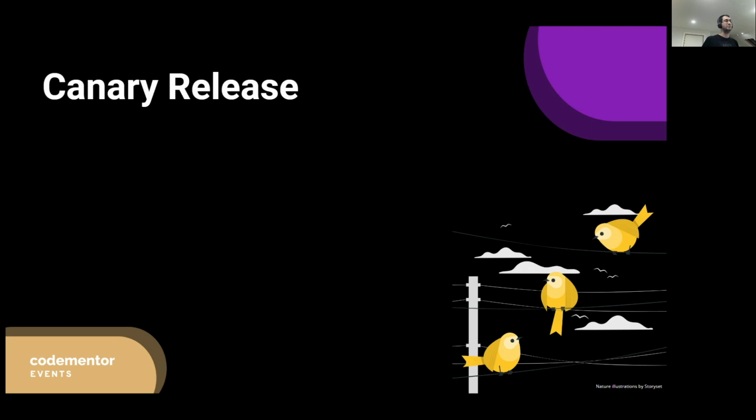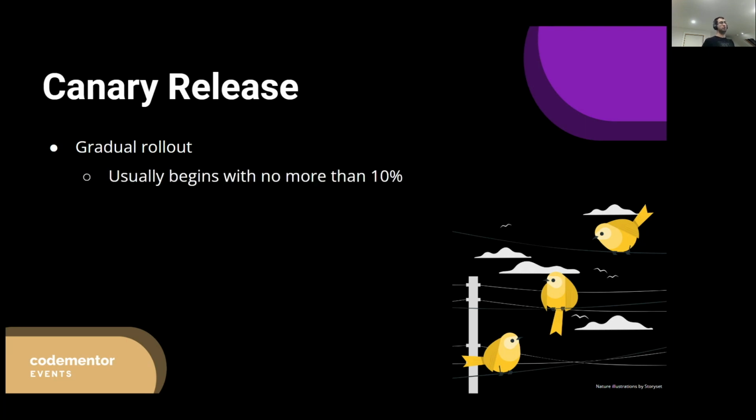In short, what does it mean? So it's a gradual rollout. Instead of shipping everything at once, you do it gradually. Usually it begins with no more than 10%. I've seen it as small as 1% or smaller, sometimes 10%. But the idea is you ship the changes to a subset of your clusters, containers, servers.